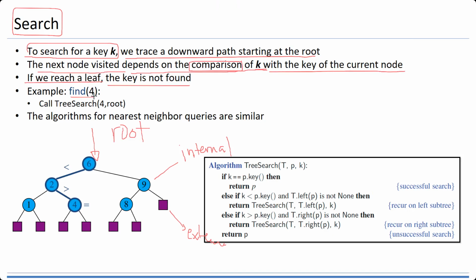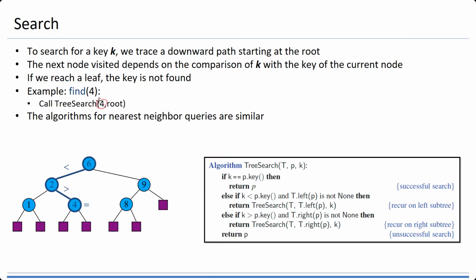So let's say I want to find 4. Then I'm going to call the function TreeSearch with 4 and the root. It means I'm going to search for number 4, and the starting point will be the root.